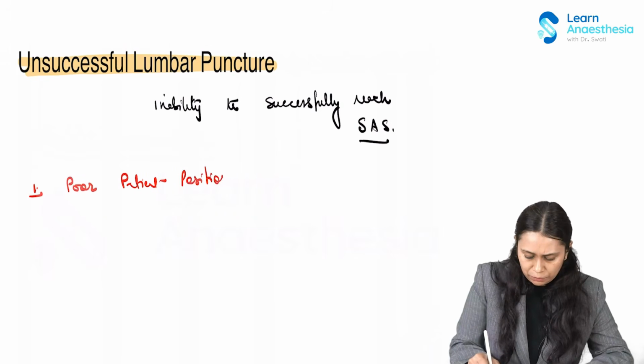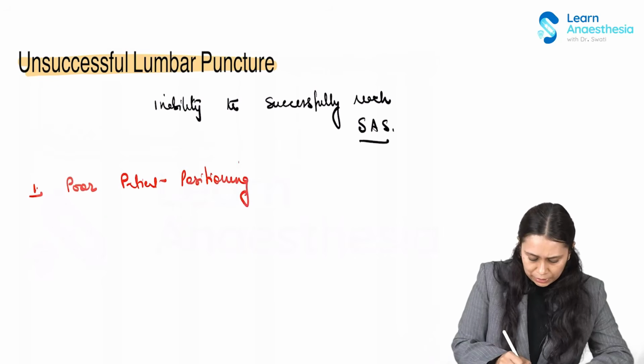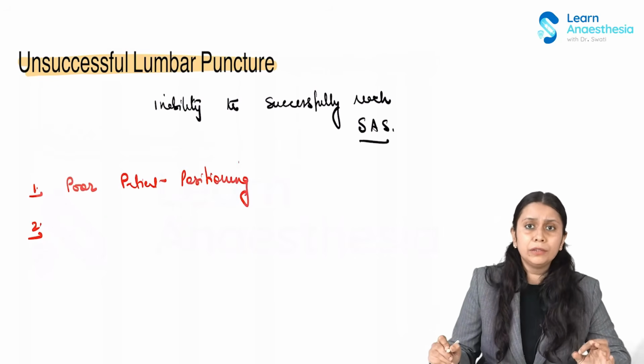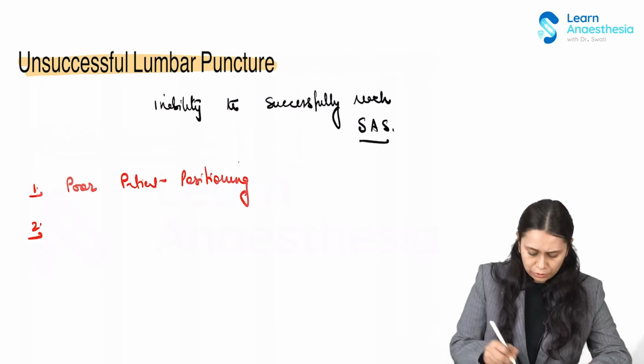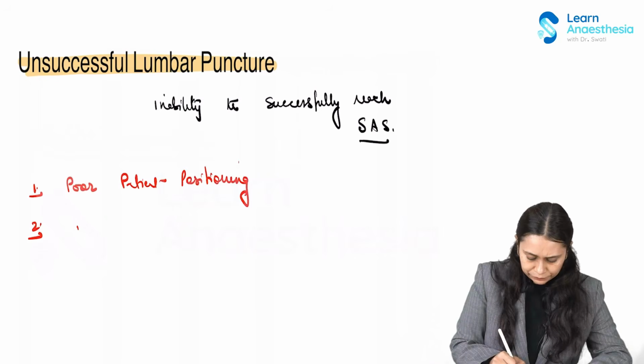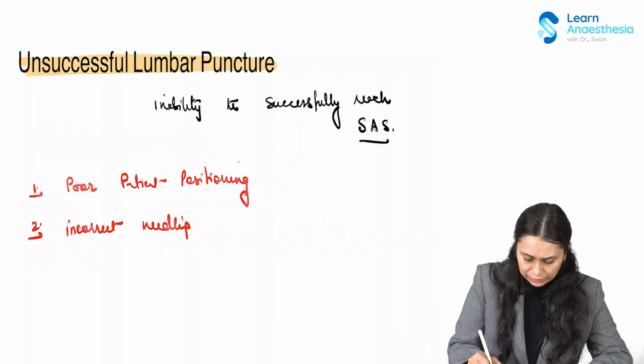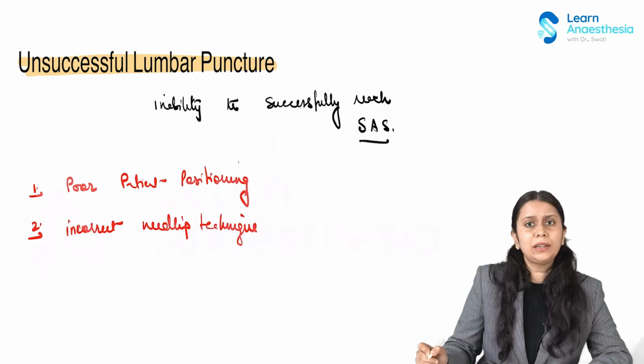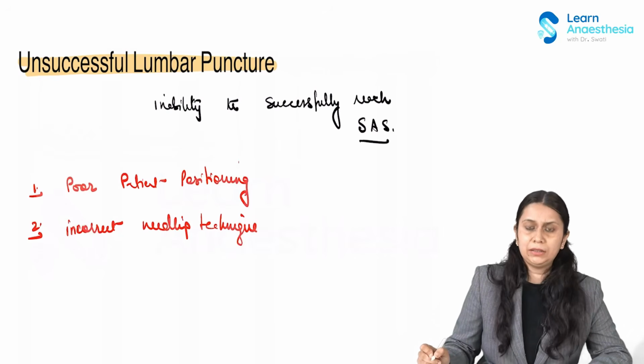Now, let's say the patient positioning was fine, but the technique of needling was not proper. So, incorrect needling technique. Now, let's say the needling technique was also correct, but anatomical factors.